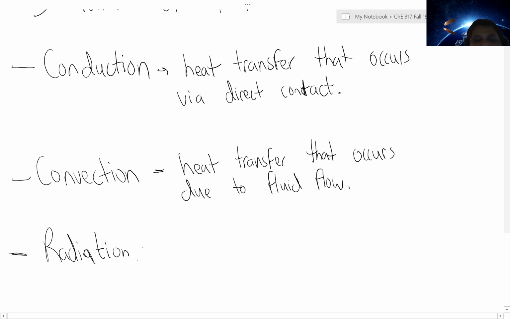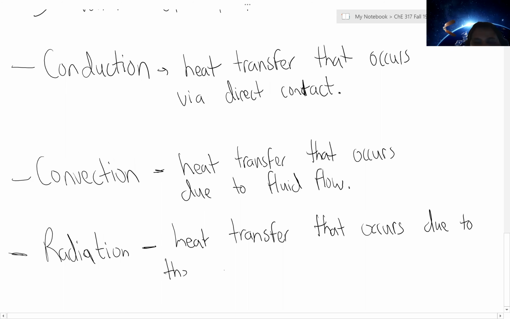And radiation is heat transfer that occurs due to the emission of electromagnetic waves.